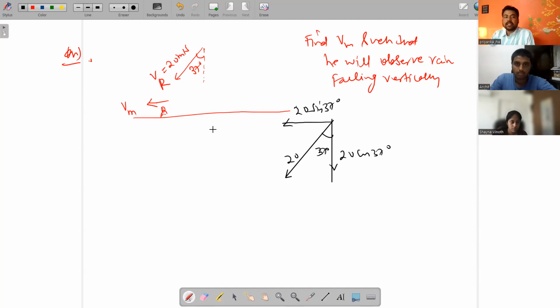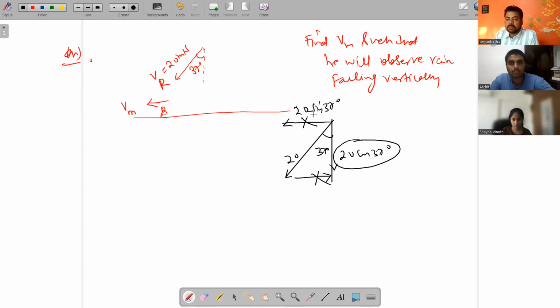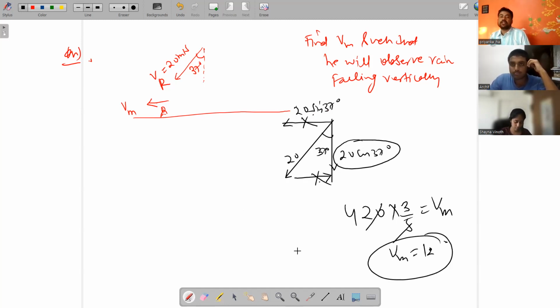Now, man has to travel towards left, so that if you observe the situation with respect to man, you have to reverse its velocity and add it here, so that this and this will nullify, and man will observe only one component, that is vertical. So this must be equal to this. So 20 sine 37 must be equal to velocity of man. So man has to run with 12 meter per second towards left. Understood?